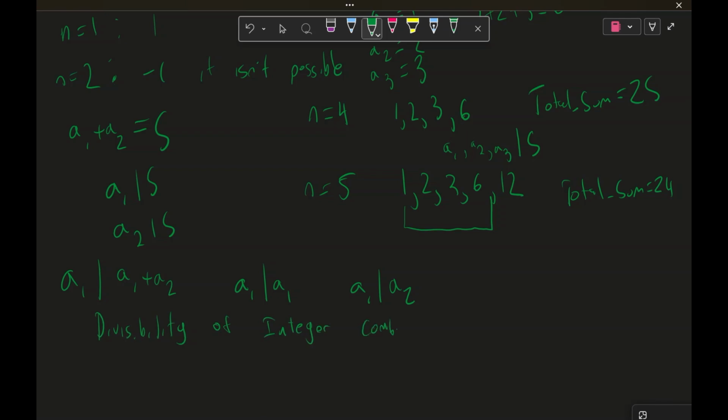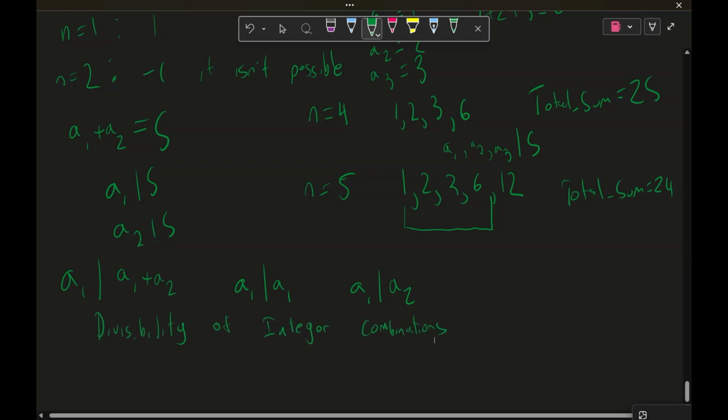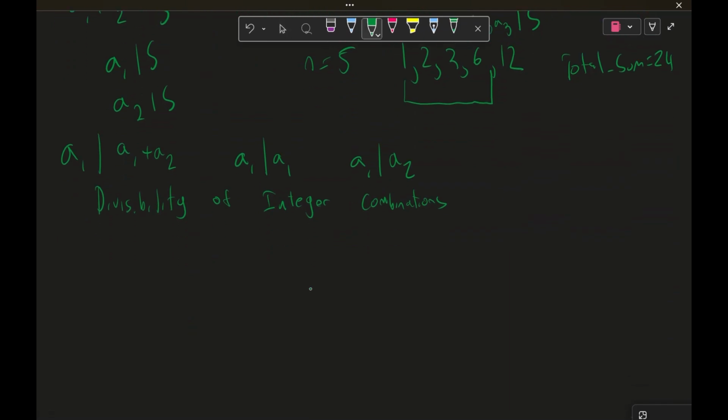Integer combinations. So this proof is, let's say A divides B, and A divides C. And the claim is A thus divides Bx plus Cy, where x, y are in the set of integers. Okay, because we know A divides B, thus B equals k times A, and C equals j times A for some k, j in the set of integers.